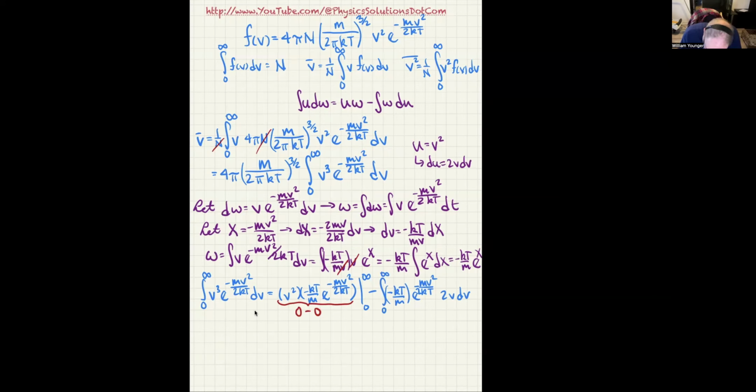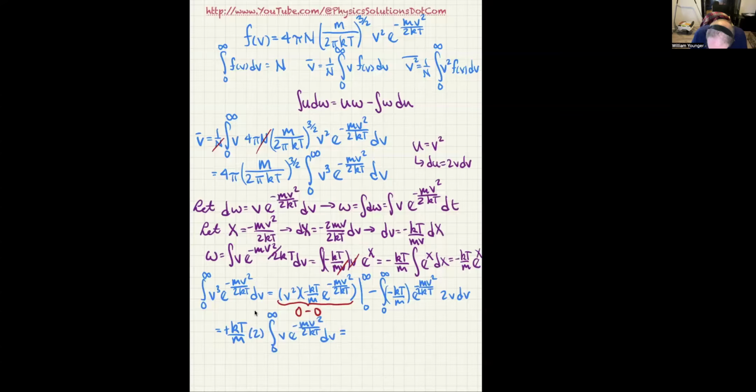So I'm going to get that this is just equal to positive kt over m, times the 2, which I'll pull out in front, times the integral from 0 to infinity of v e to the negative mv squared over 2kt dv, and we just integrated that. We know, in fact, it becomes negative kt over m times e to the negative mv squared over 2kt.